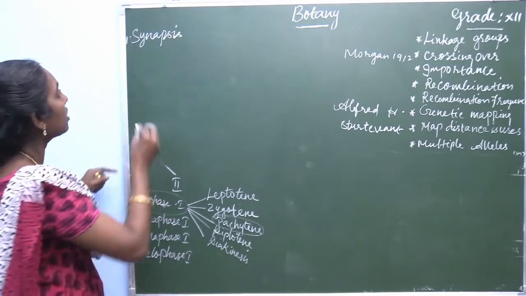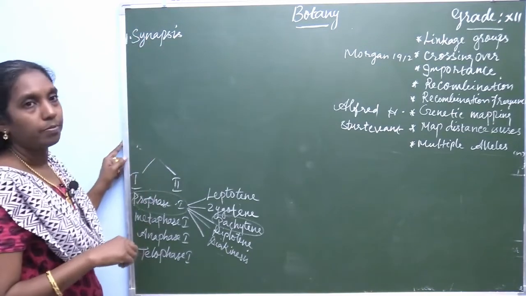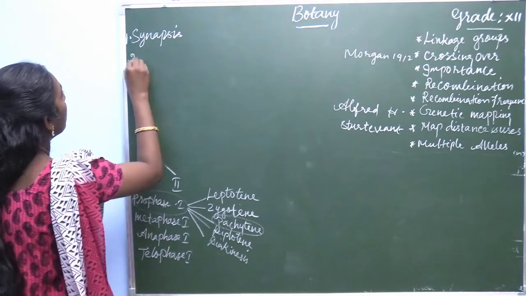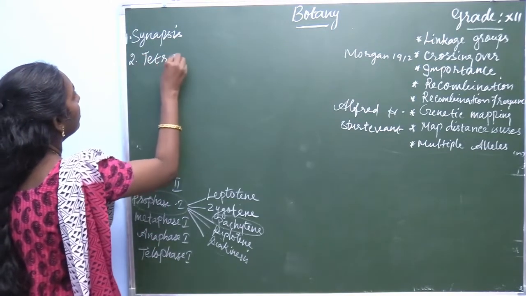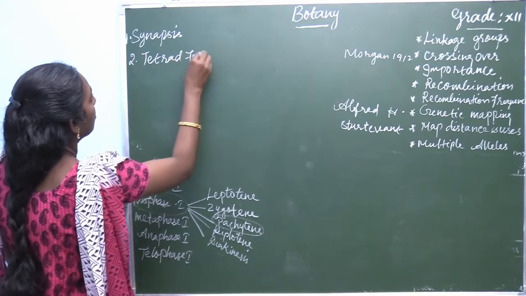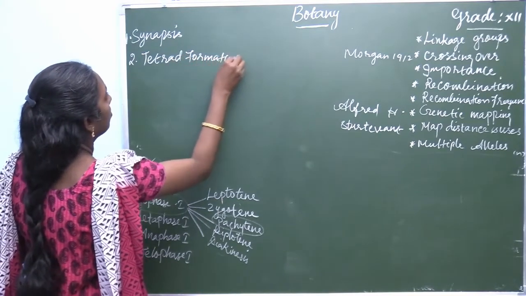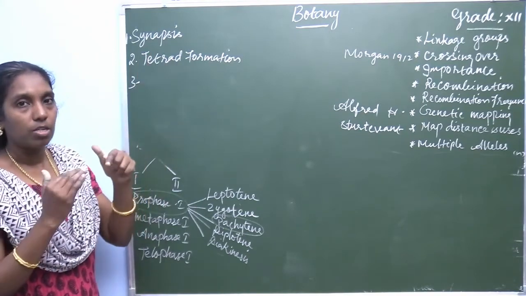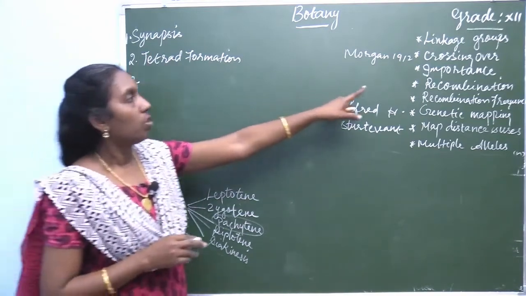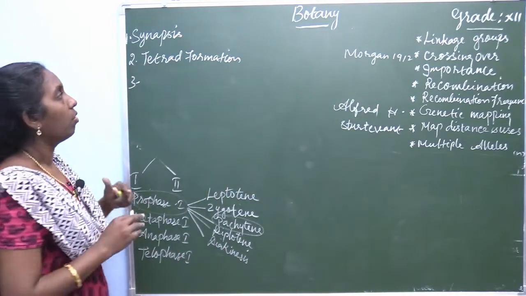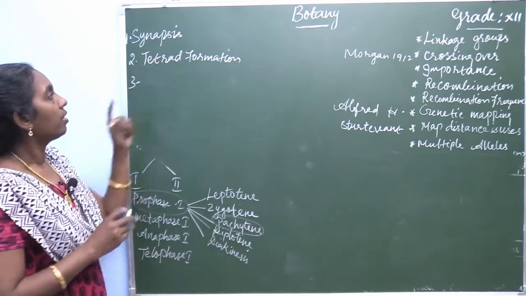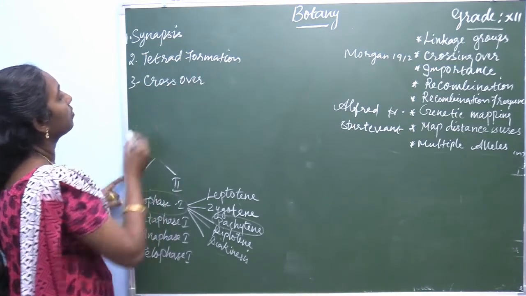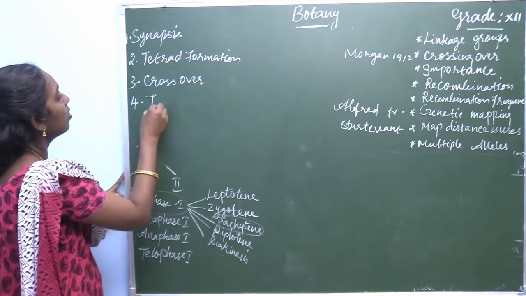The first process is synapsis or pairing. The second process is tetrad formation, the third is crossing over, and the fourth is terminalization.